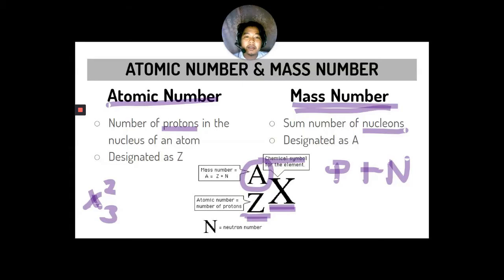Kasi, kailangan mo lang tanungin, ilan ba ang protons? So, pag sinabi kong 10 protons, I won't look anywhere, but I will simply locate the element with 10 protons, or simply the element with an atomic number 10, and that would be neon. Now, proton is associated with the atomic number, that is the identity of an element. So hopefully that is clear.